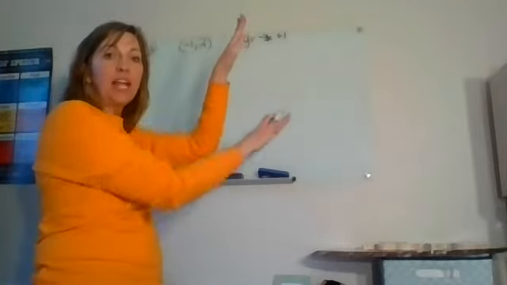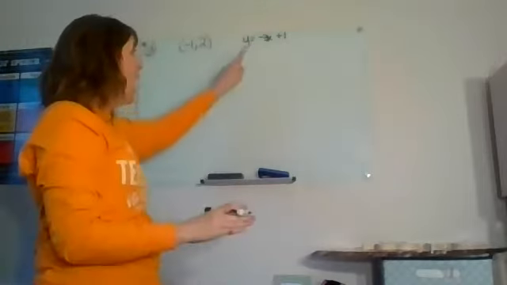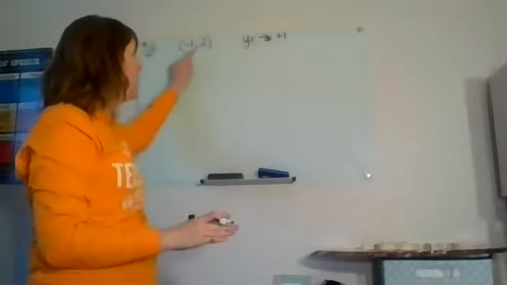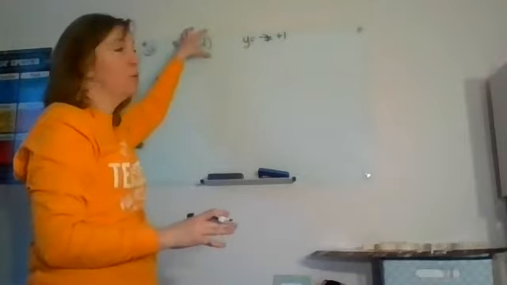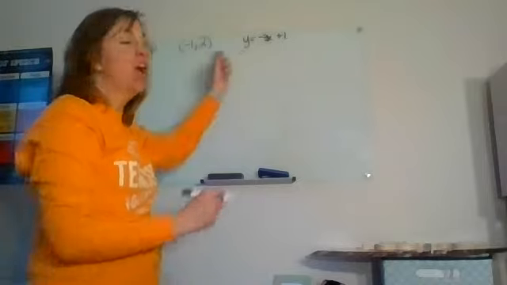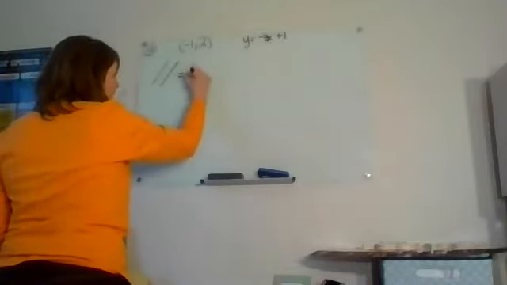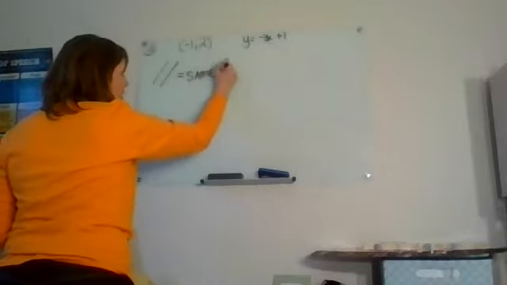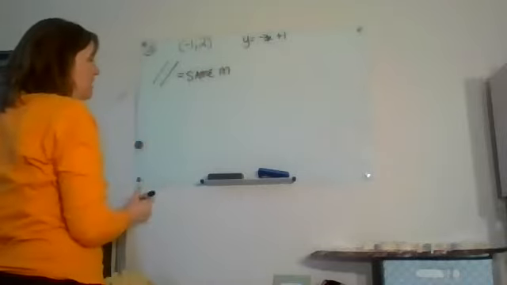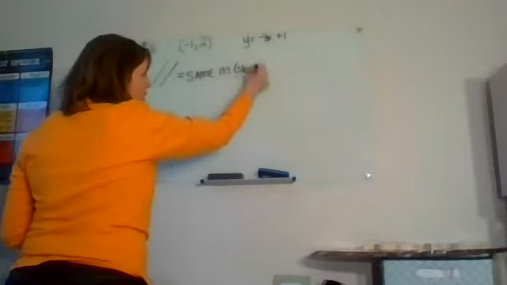I'm looking at two lines that I want to be parallel to each other. I already have one equation, and I need to find an equation with this point. The great part that I know is that all parallel lines have to have the same slope, the same m. Their slopes have to be the same.